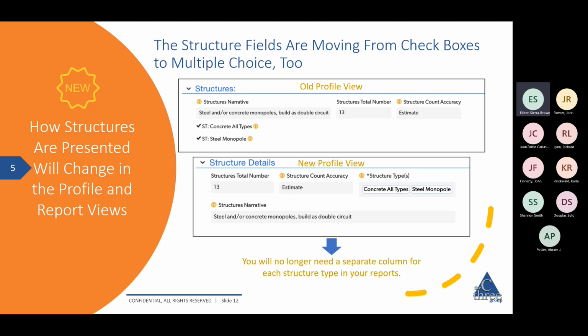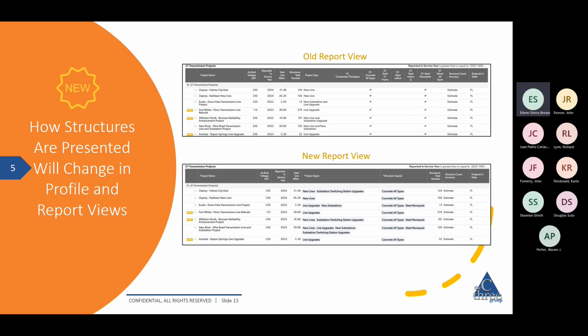So that structure narrative used to be called structure description. It's either the description that the data source provided us or the narrative from the analyst on how they achieved the total number of structures, estimate or exact, the estimation level, and then what type of poles are contained within the project.